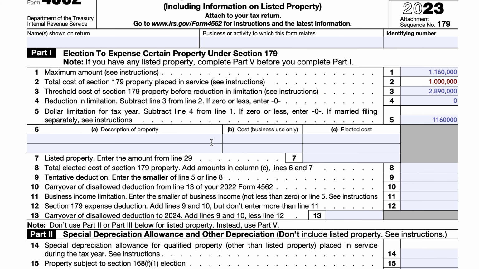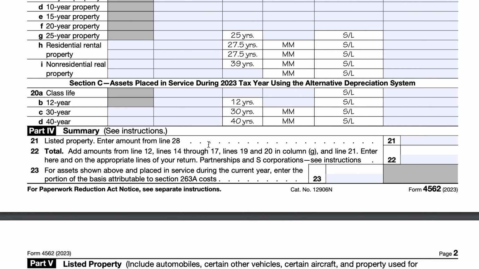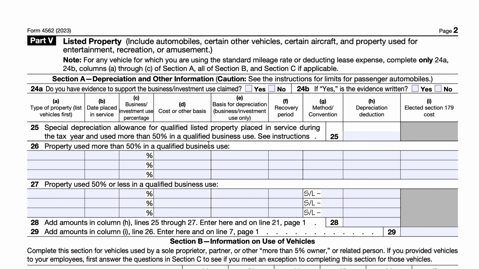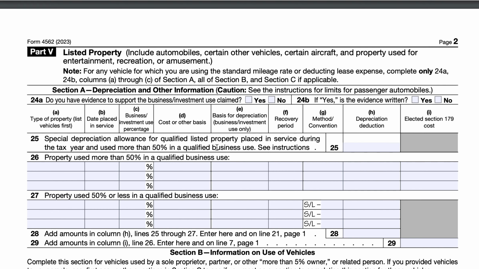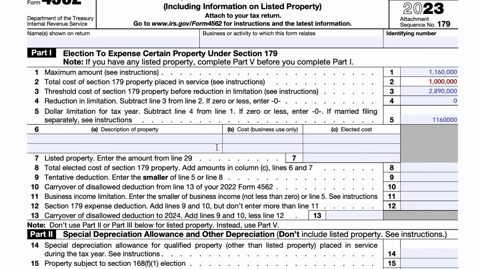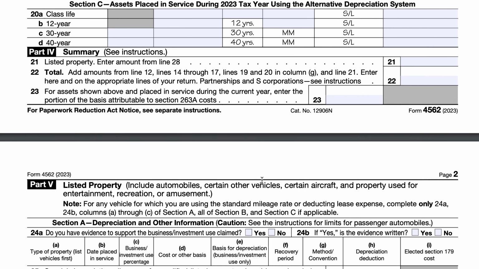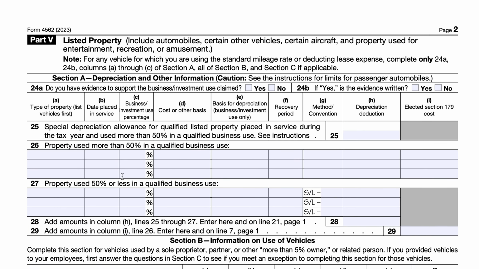Line 7 is your total listed property. Now, to get to listed property, you would have to complete Part 5. So basically all of this, and then we're going to circle back up after we've completed line 29 and enter that amount here. So Part 5, Section A, which is the depreciation. It says here listed property includes vehicles or automobiles, certain other vehicles, aircraft, and property used for entertainment, recreation, or amusement.